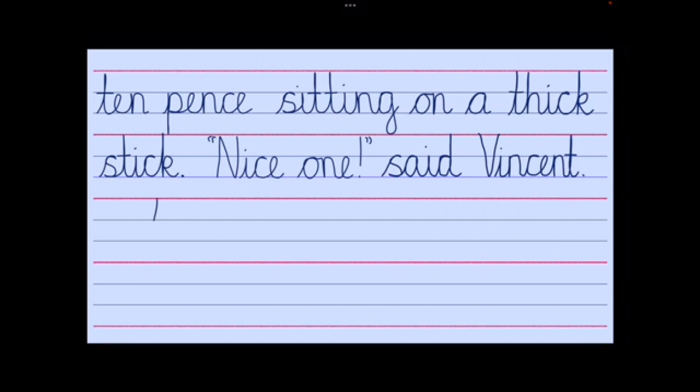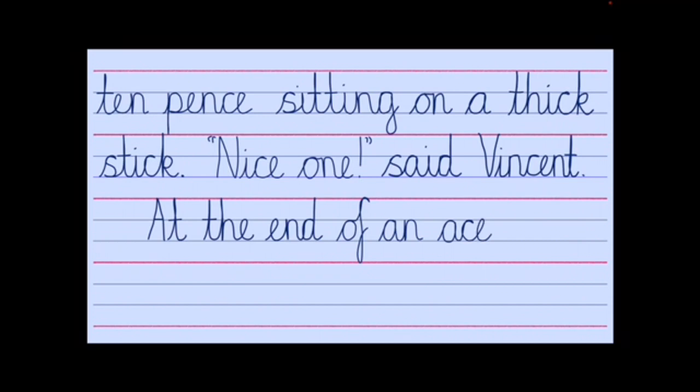At the end of an ACE test. Cross the letter T's when we finish the word.